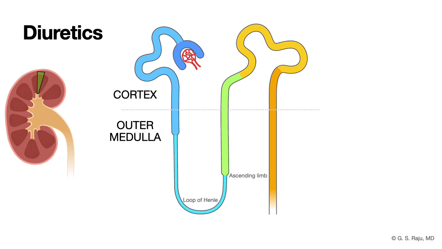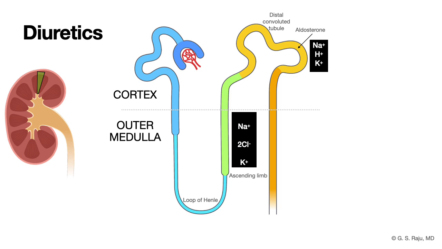where the sodium potassium chloride exchanger plays a role, and then distal convoluted tubule, where aldosterone works and it retains sodium and excretes potassium and hydrogen.